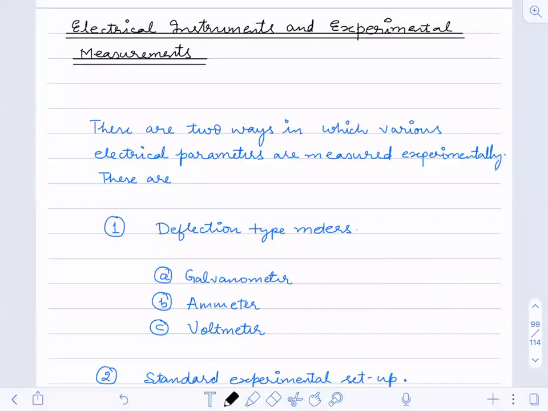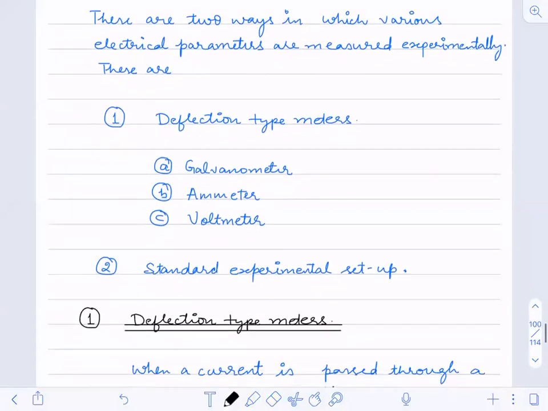Here I have shown you that deflection type meters are of three types: galvanometer, ammeter and voltmeter. These three deflection type meters we have to study.